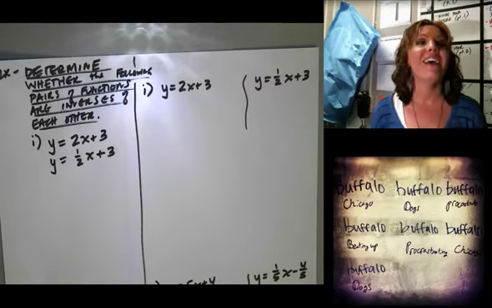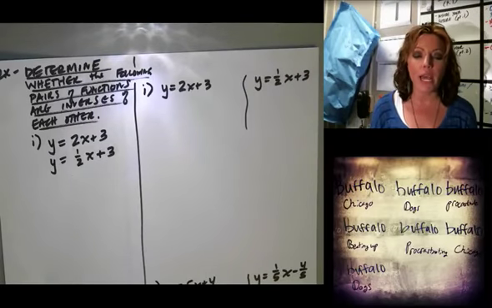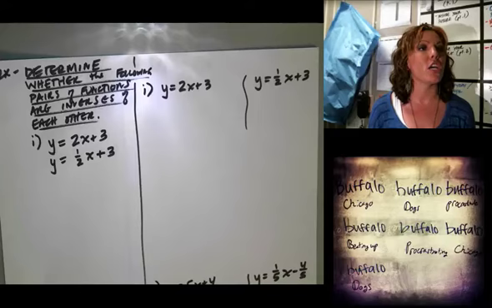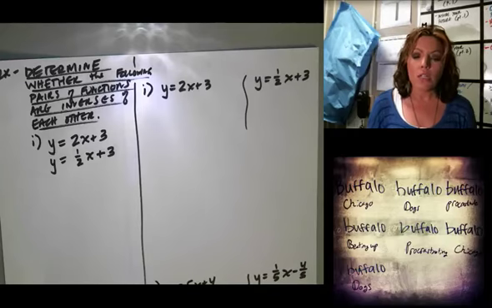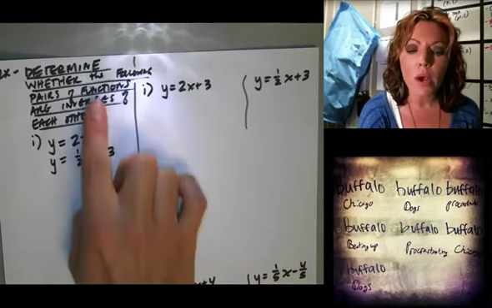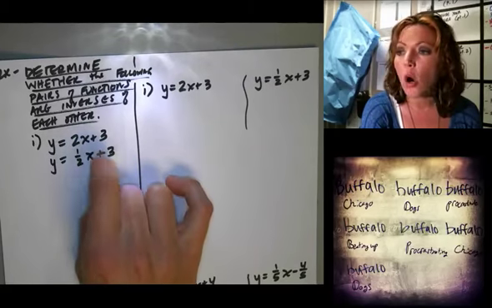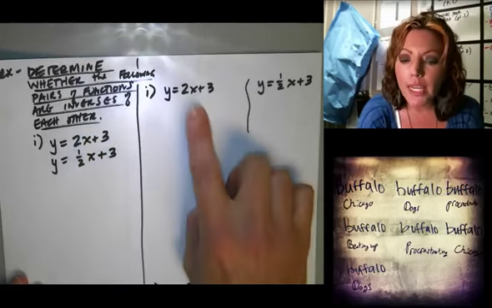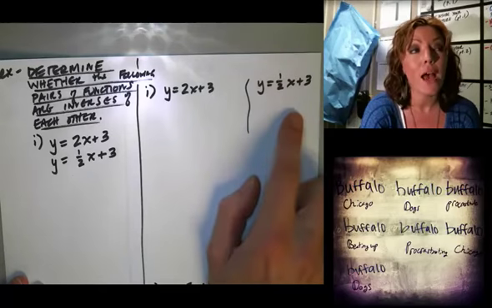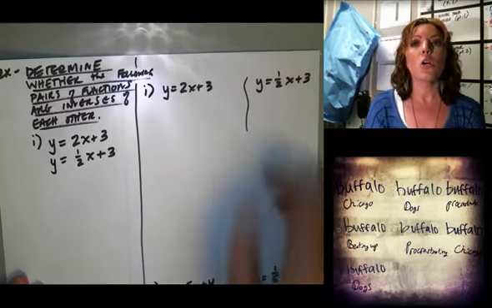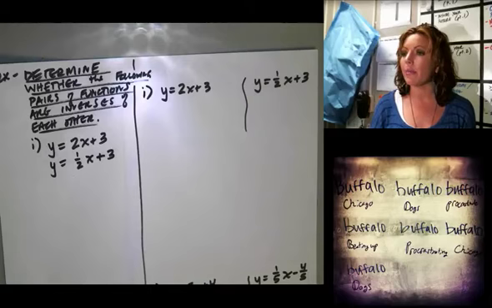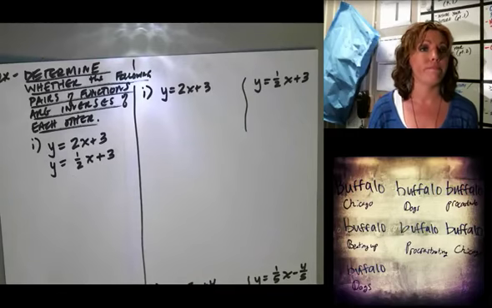y equals 2x plus 3 and y equals 1/2 x plus 3. On this one, it's saying determine whether the following pairs of functions are inverses of each other. So we want to figure out: are y equals 2x plus 3 and y equals 1/2 x plus 3 inverses? Does anyone have any suggestions about how we might be able to figure that out? Maxie?